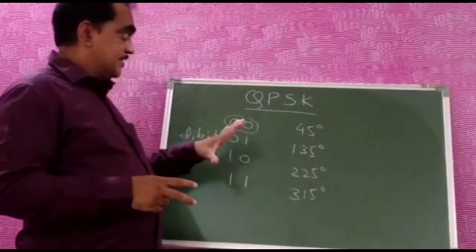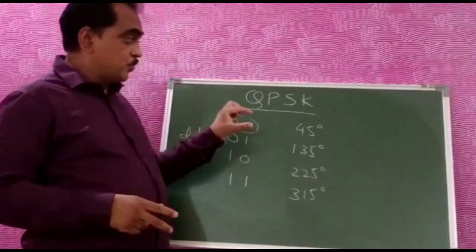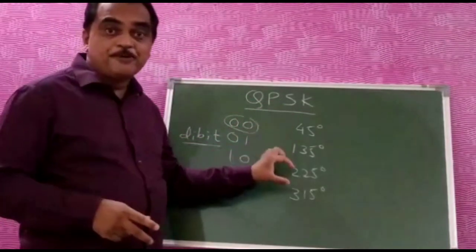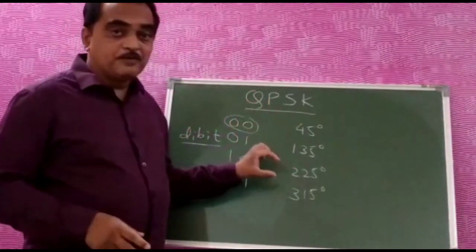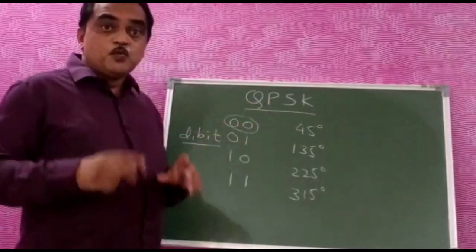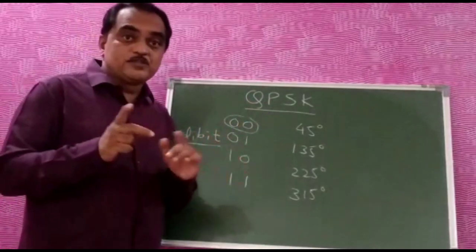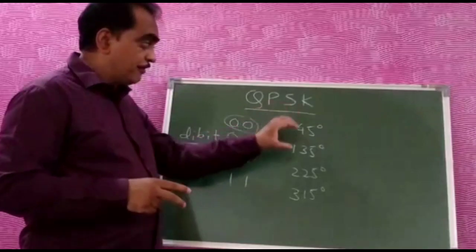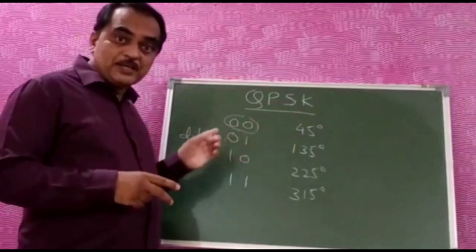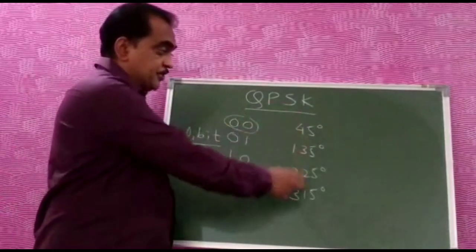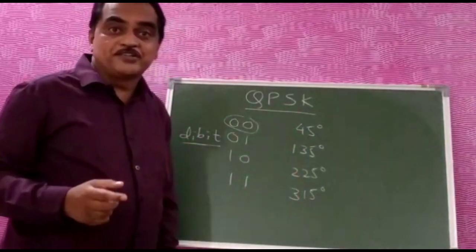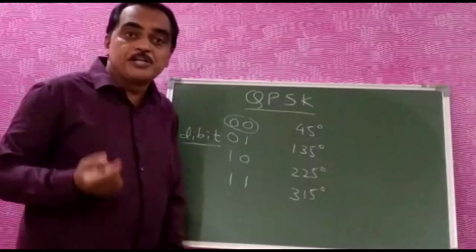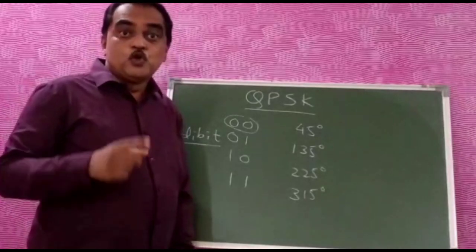Therefore, this scheme in which we use 4 different phase shifts, 45 degree, 135 degree, 225 degree and 315 degree, each indicating 2 bits, called a dibit. Because we are using 4 phase shifts, it is called quadrature, quadriphase or quaternary.